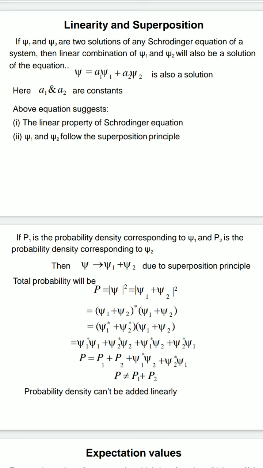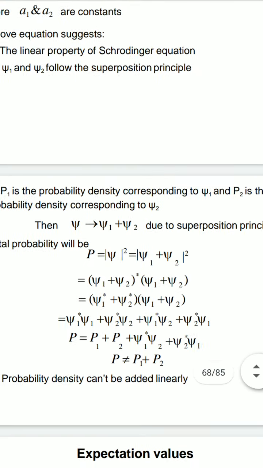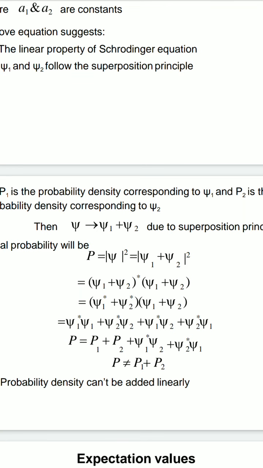If you multiply, you get psi 1 star psi 1, psi 2 star psi 1, psi 1 star psi 2, and psi 2 star psi 2. So the probability density of wave function psi is P, where psi 1 star psi 1 is P1 and psi 2 star psi 2 is P2. So P1 plus P2 plus two additional terms are there.